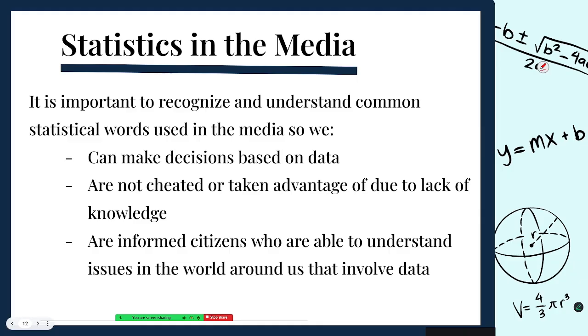It's important to recognize and understand common statistical words that are used in the media, so that we can make decisions based on data, so that we're not cheated or taken advantage of due to lack of knowledge, so that we can be informed citizens who are able to understand issues in the world around us that involve data. And the first step is to recognize what we're being presented with and to think critically.